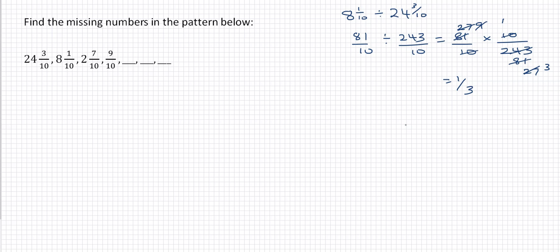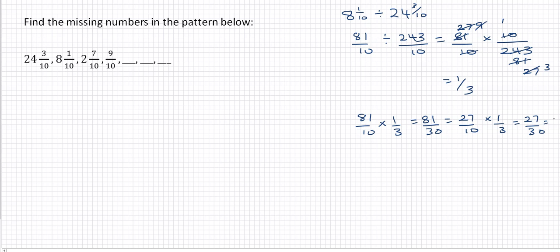So now what we're going to do is say 81 over 10 multiplied by 1 over 3 is going to be 81 over 30, which is 27 over 10. Multiplied by 1 over 3, that's 27 over 30, which is 9 over 10. Now we have 9 over 10 multiplied by 1 over 3, which is 9 over 30, which is equal to 3 over 10.